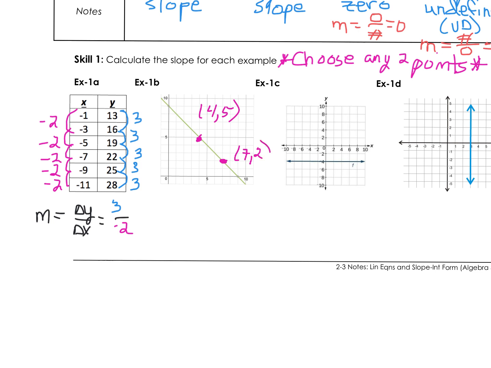Now normally when I have a graph, I'm not going to use the slope formula, but I want to demonstrate it for you, so that's why I'm doing it on this one. I'm going to show you the other method that I would use as well. So I'm going to label my points as point 1 and point 2, so it doesn't matter which is which. So this is going to be x sub 1, y sub 1, and this is x sub 2, y sub 2.